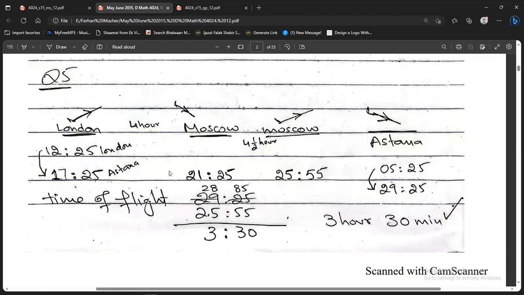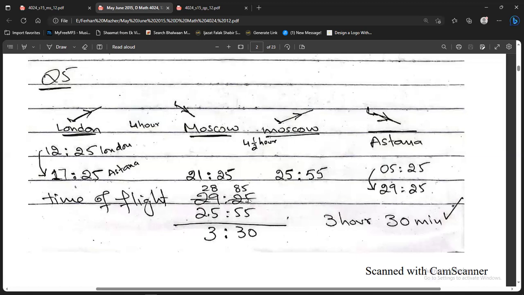So the question is how much time the flight took from Moscow to Astana. So the time of the flight will be, this is the arrival time and this is the departure time. From 29:25, I will subtract 25:55. So from 25, you cannot subtract 55. So I will borrow 1 hour from here. So it will become 28 hours.